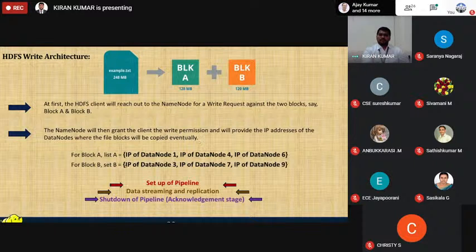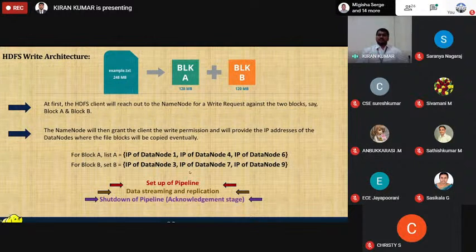For example, for block A, the name node responds with the IP address of data node 1, data node 4, and data node 6. In the same way for block B, 3, 7, and 9. By default there will be 3 replicas, so we need 3 copies to perform the replication, hence 3 IP addresses.